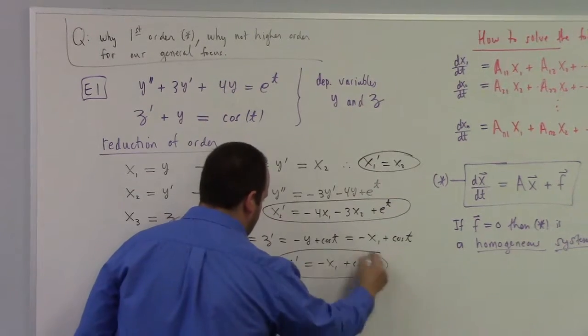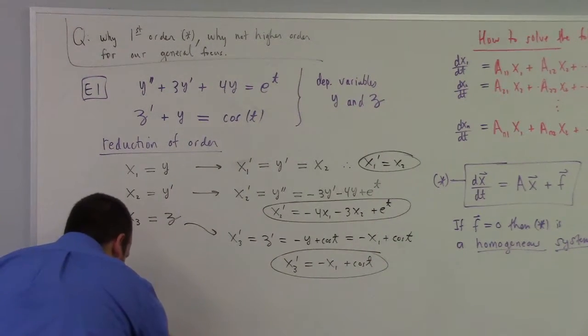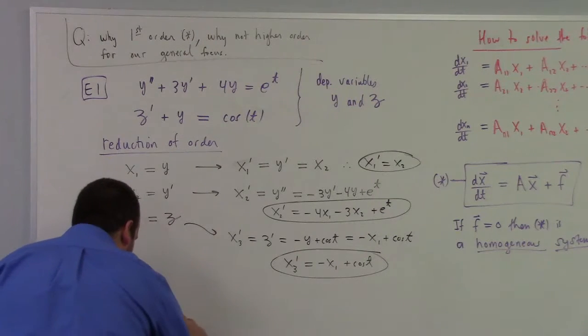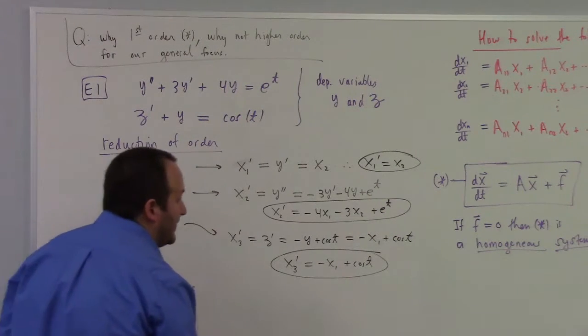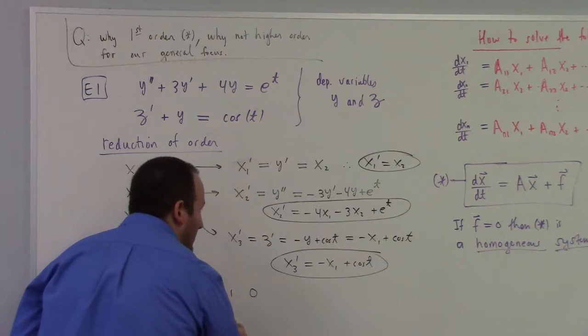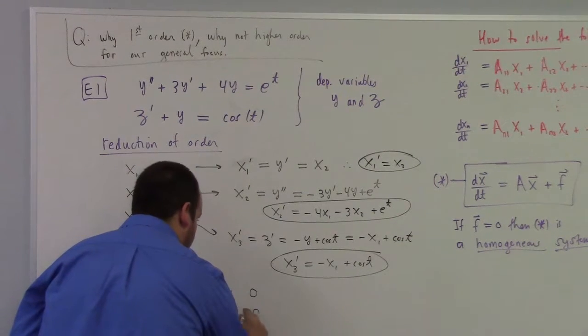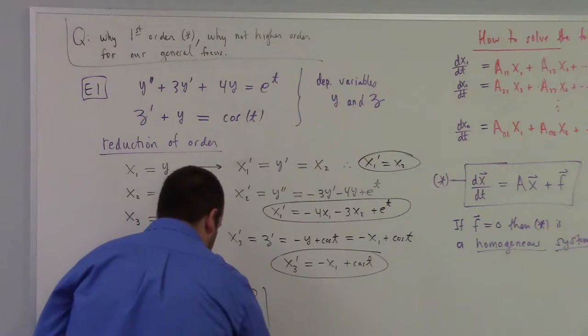Let me circle that. Put these together, you got yourself x1, x2, x3 differentiated is equal to, what's my matrix? My matrix is 0, 1, 0, minus 4, minus 3, 0, minus 1, 0, 0.